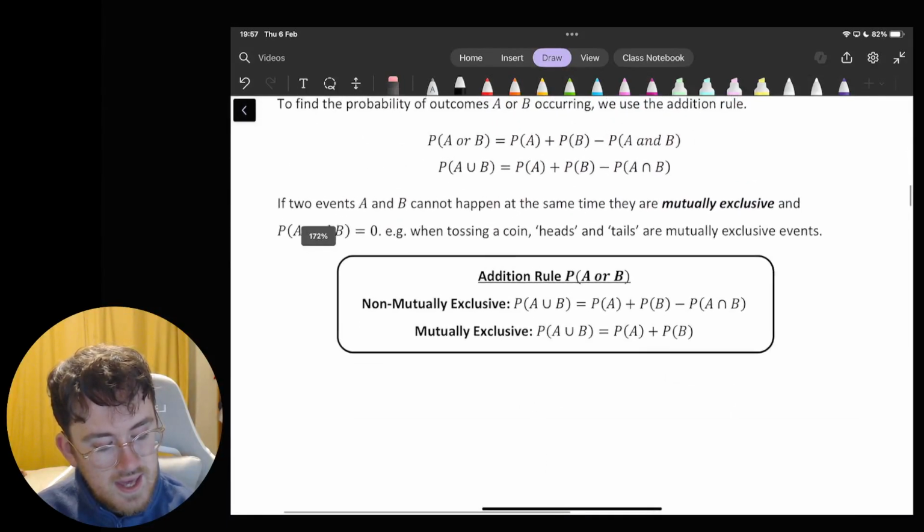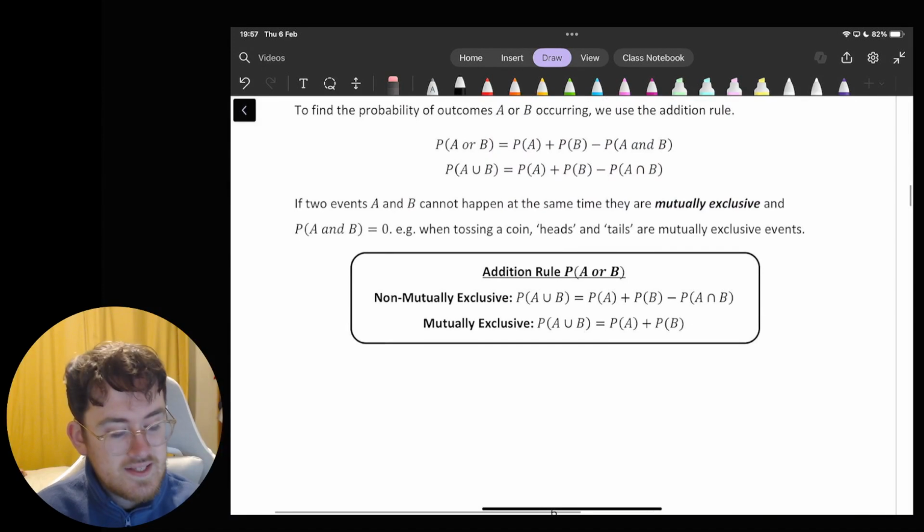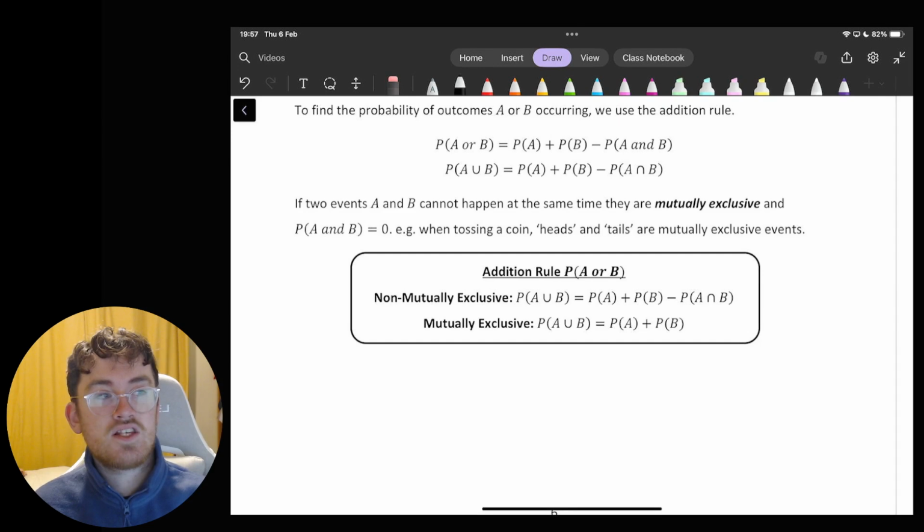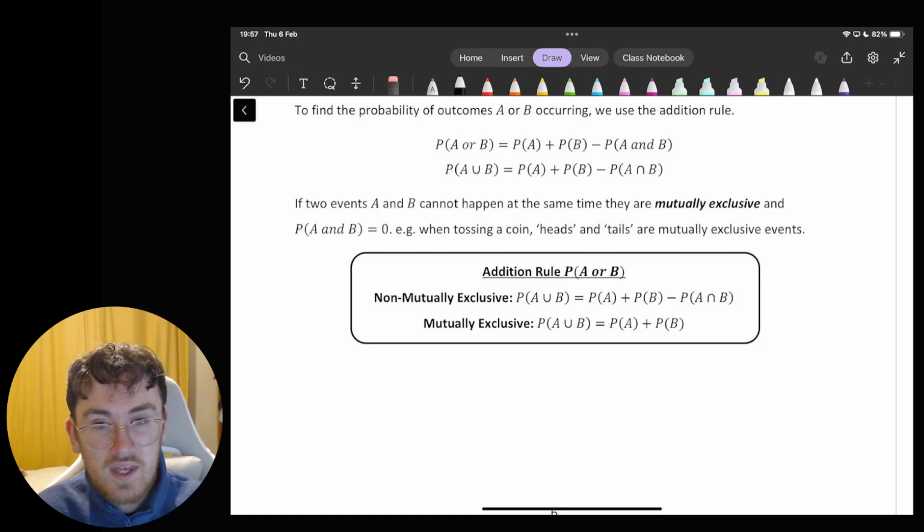If two events cannot happen at the same time, then we would describe them as mutually exclusive. For example, if you're tossing a coin, heads and tails would be mutually exclusive events because they can't happen together.